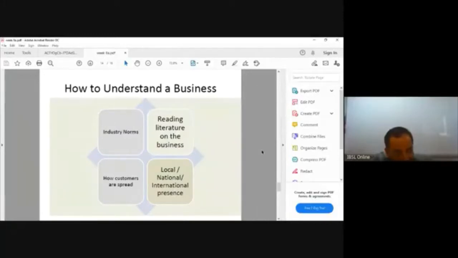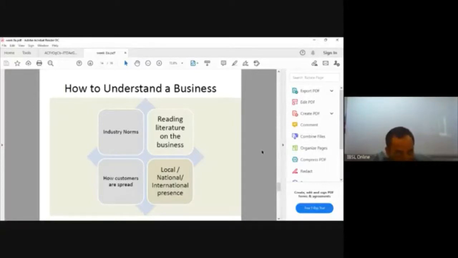And then his operations are in about 40 odd countries. So their presence shows a lot about how good they are in their job, how they are performing locally, and how they are able to compete internationally, right?